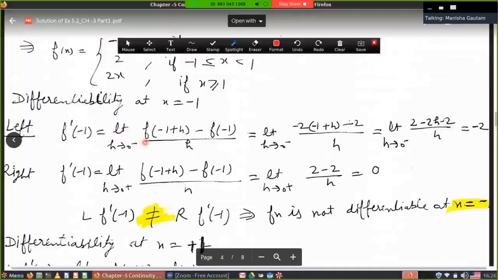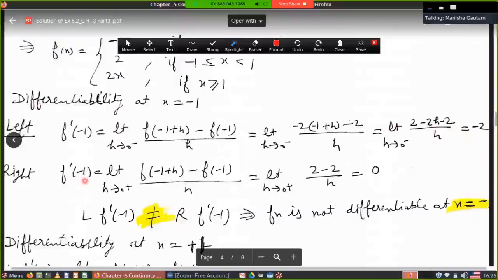What was the formula? f of x naught, where x naught is minus 1: f of minus 1 plus h minus f of minus 1 upon h. Simplify it. That is minus 2 times minus 1 plus h, minus 2. Simplified, 2 minus 2 cancelled. You are getting minus 2 after simplifying it.